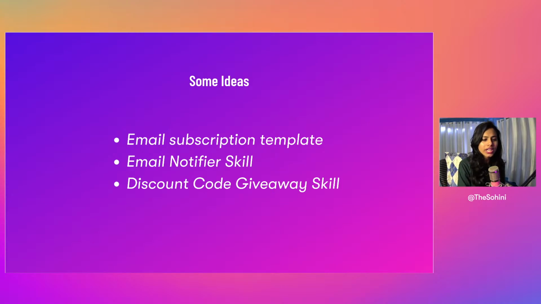What I can do is create a skill that asks the user for permission to their email address and their name. Mobile number is not that important, just the email address and their name. Every time I get a discount code for a particular product, I could email them the discount code.